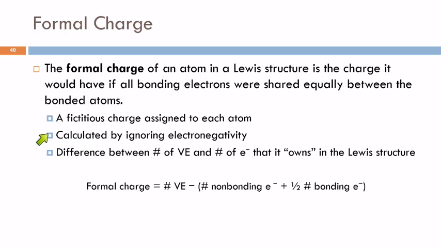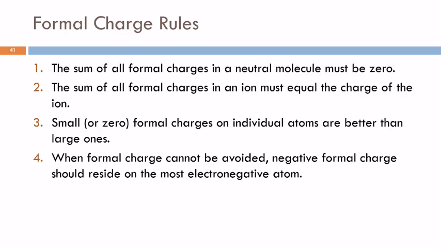We calculate it completely ignoring electronegativity. Your book explains it as the difference between the number of valence electrons that an atom has by itself and the number of electrons that it owns in the Lewis structure. And they give you this equation, which I think is horribly confusing. Use it if you like it. I'm going to ignore it.